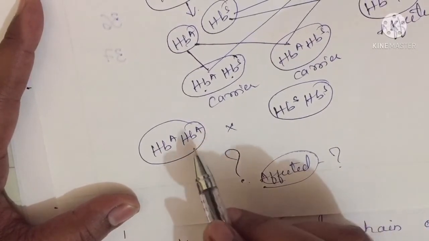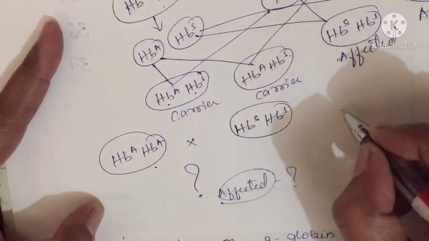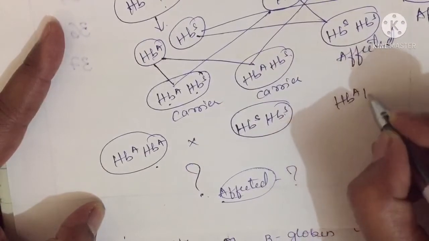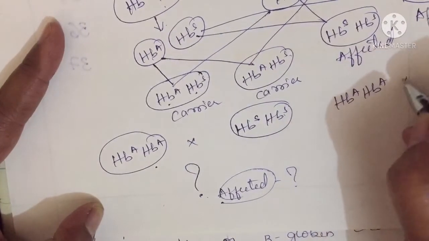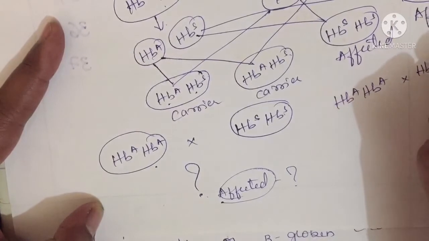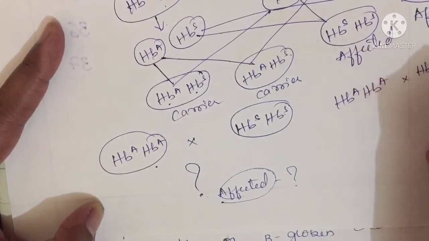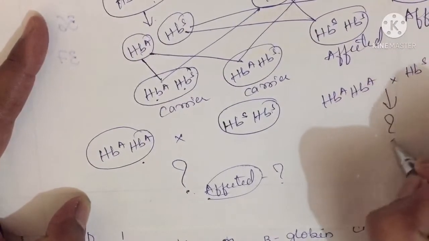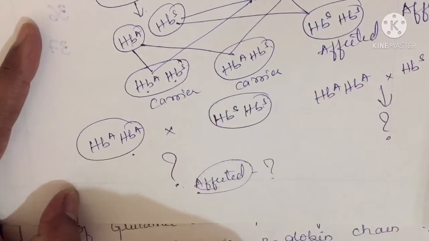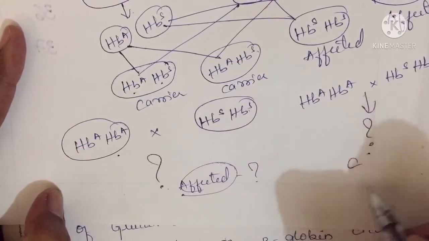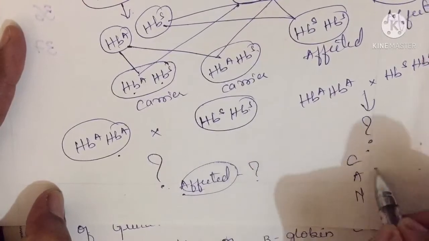And if one is carrier and the other one is normal, HBA, HBA and HBS, HBA. Okay, what children will we get? What children means how many carrier, how many affected and how many normal. I want this.